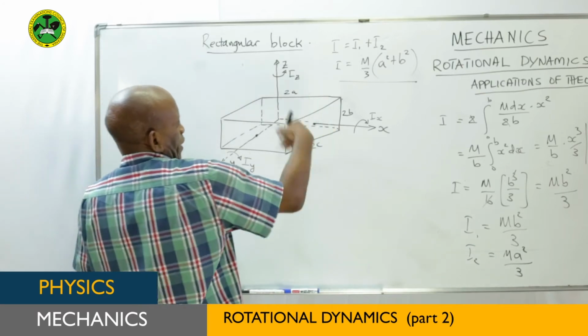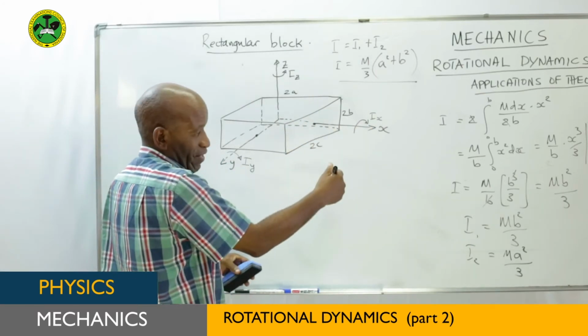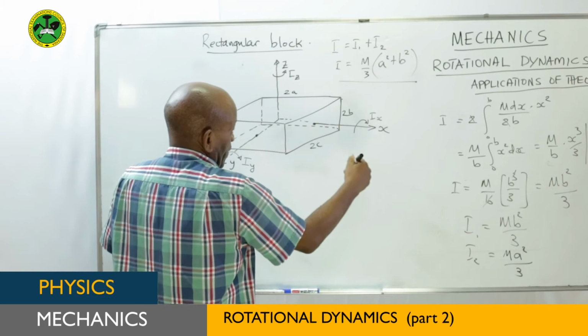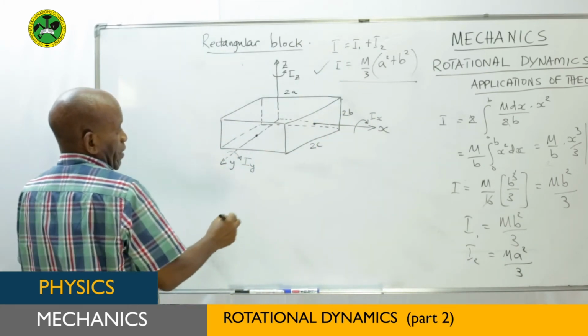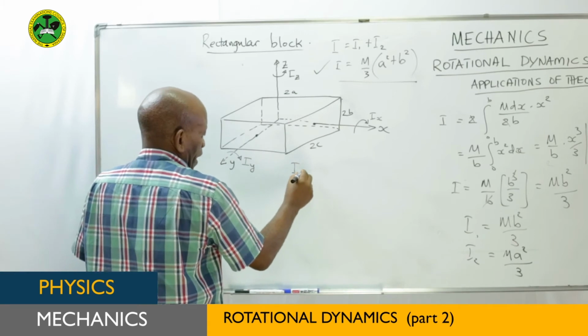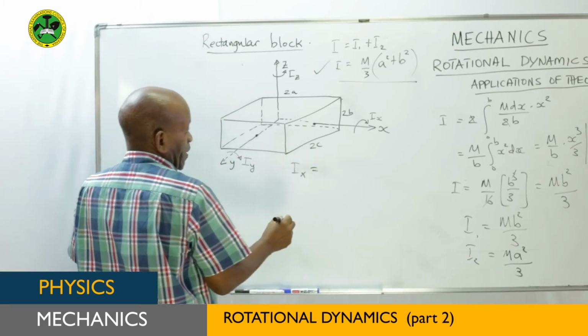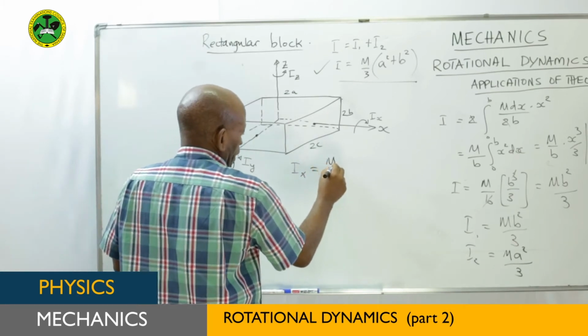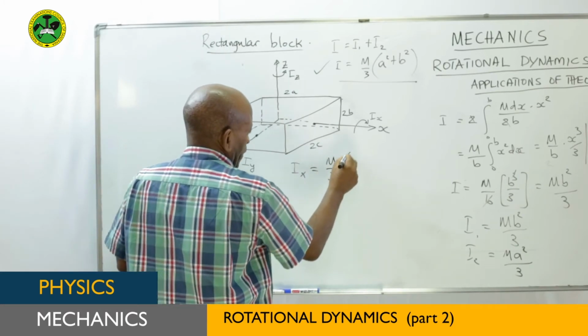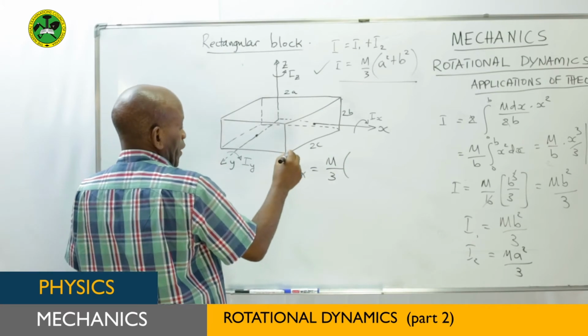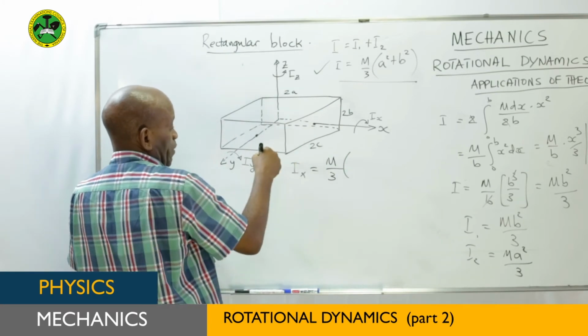And whenever you rotate about that particular axis, now we'll just be able to produce an expression very similar to that one, such that the moment of inertia about the x-axis will be equal to m over 3, m being the mass of that particular block.